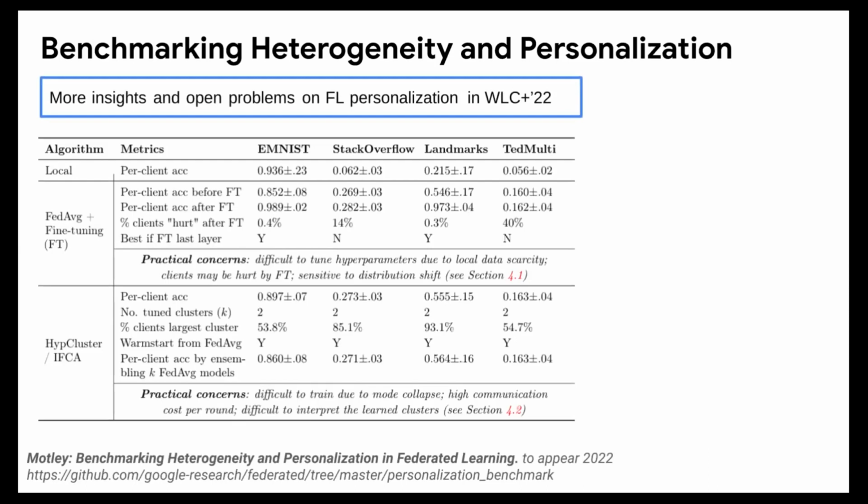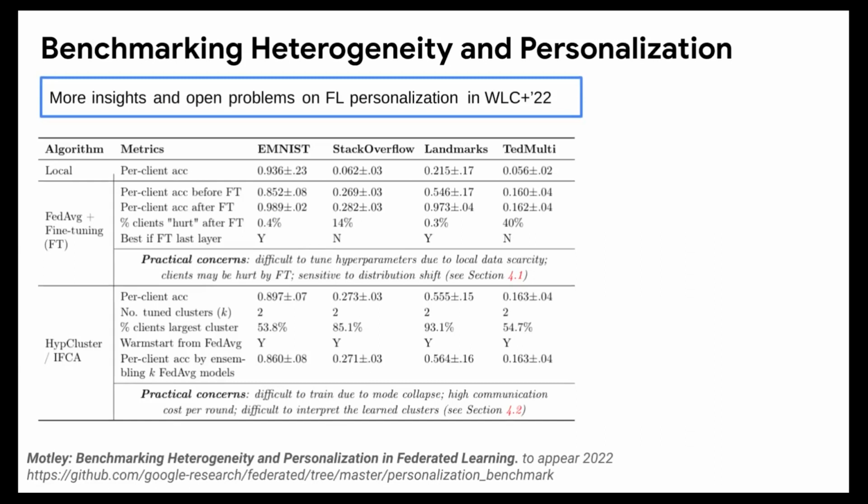In addition to the insights, the benchmark and the baseline algorithms, we also have a lot of discussions on open problems, and some of them are particularly related to the practical concerns we have for various algorithms.